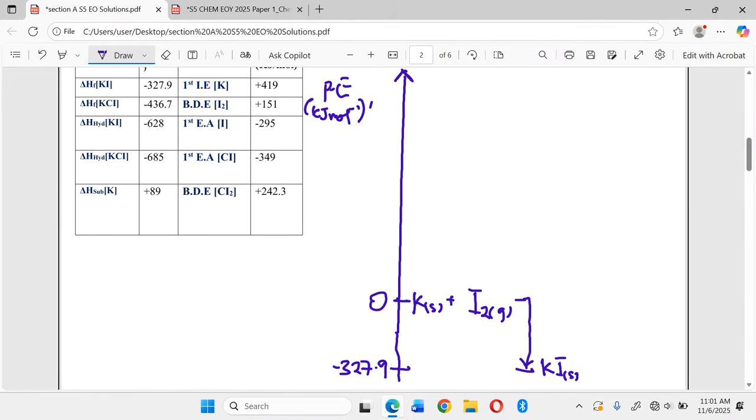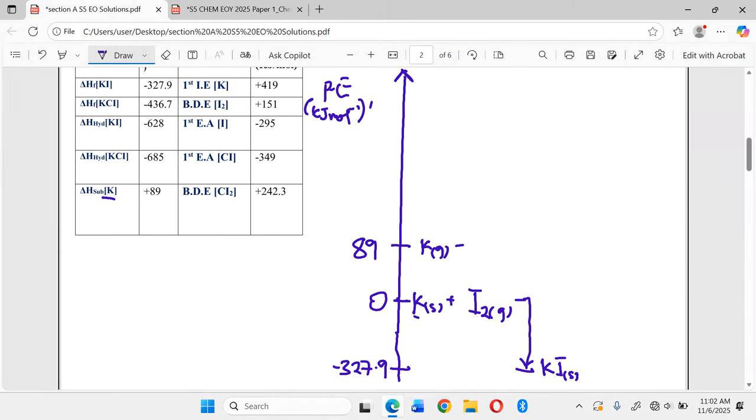Then we start on our journey. We start with the sublimation of potassium. I believe we know when we talk about sublimation, that is 89. At this stage, we are moving to potassium gas. But first, wait, before we continue, we have not balanced our equation for formation.